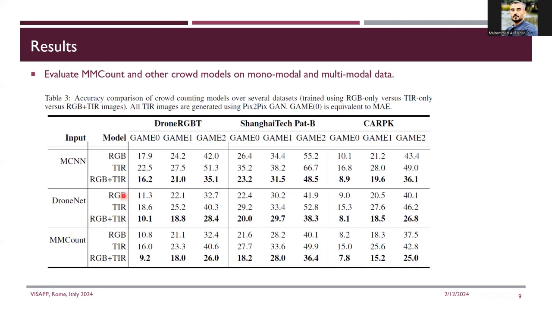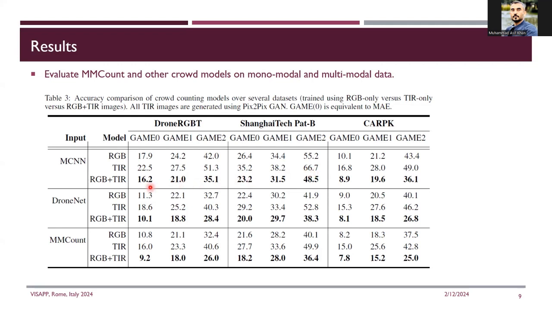And here you can see when the model was trained on RGB images alone, when the model was trained on thermal infrared images alone, and when the model was trained using a multimodal method, like RGB and thermal images both. So the accuracy difference is very obvious here.